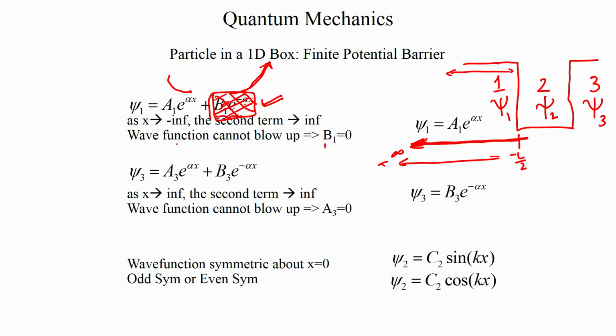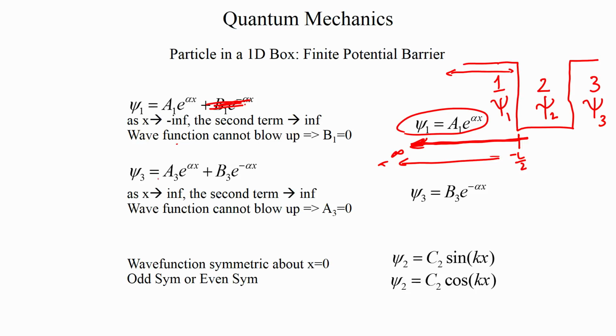Therefore, the B1 term has to be 0. And if B1 is 0, I can just write my solution as psi 1 equal to A1 e to the power alpha x. So by simple arguments, you have eliminated one of the coefficients.